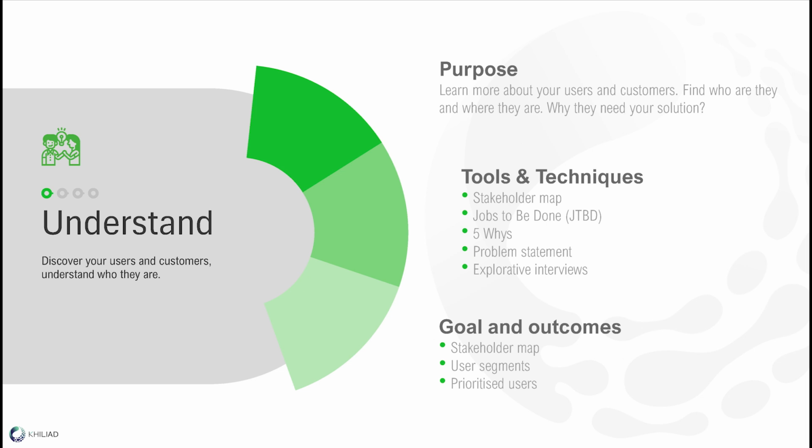We look at tools like jobs to be done, where we analyze what tasks the user does, problem statements, and of course, interviews if possible. At the end of this part, we end up with a stakeholder map that we can segment, and we know who is going to be involved in the solution.